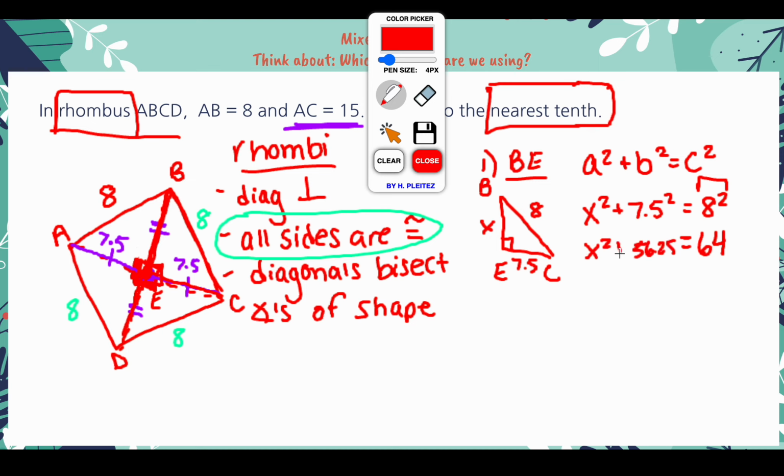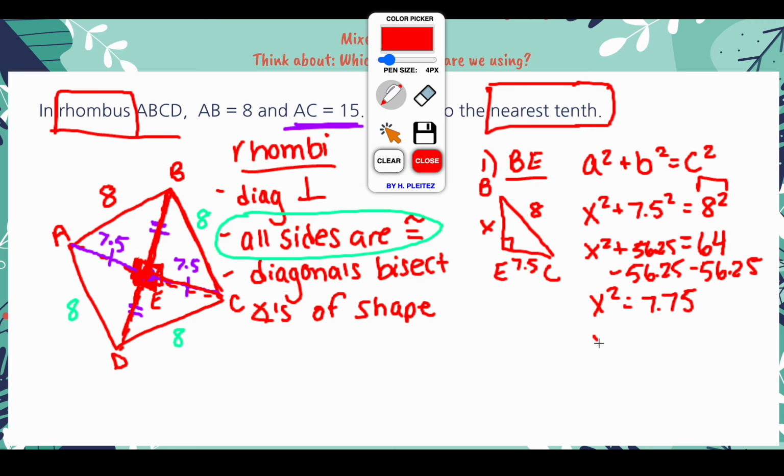So we have x squared plus 56.25 equals 64. We can go ahead and subtract this on both sides, and we're going to get x squared equals 64 minus that 56.25, and that's going to be 7.75.